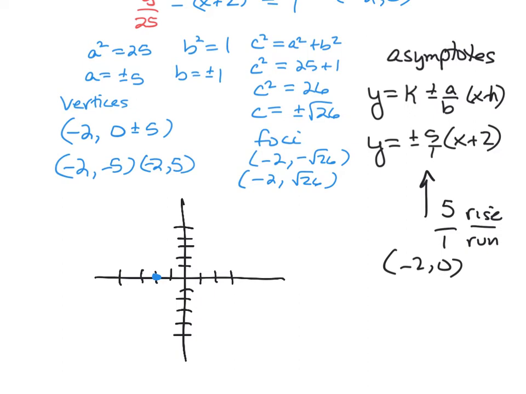So I'm going to rise 5 and I'm going to run 1. Rise 5, run 1. And get my asymptotes on the graph. So I have 1 here and 1 going this way.